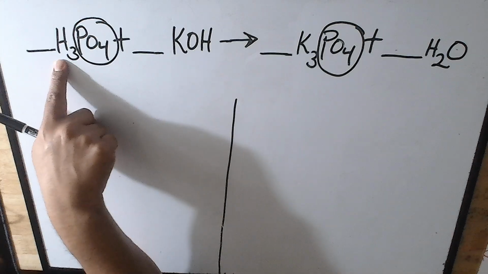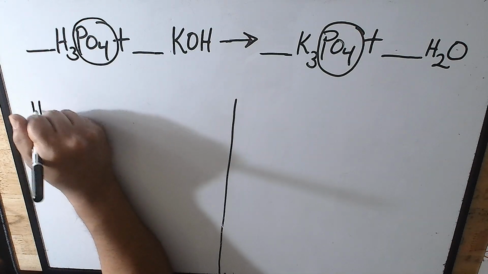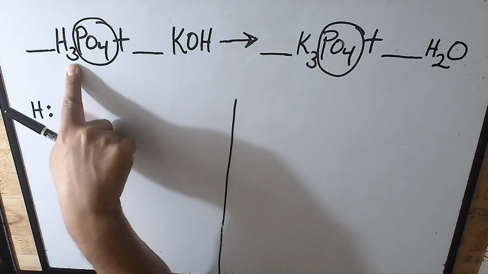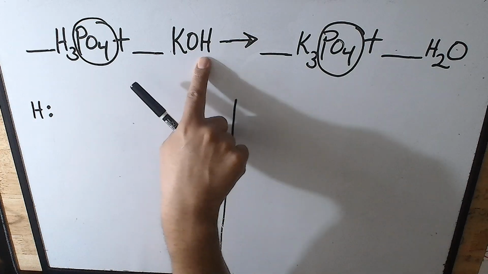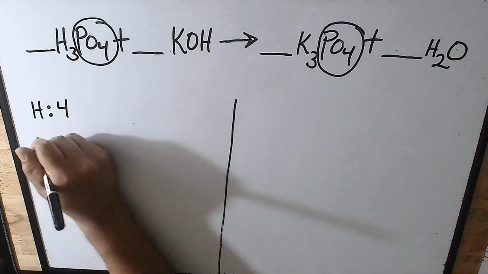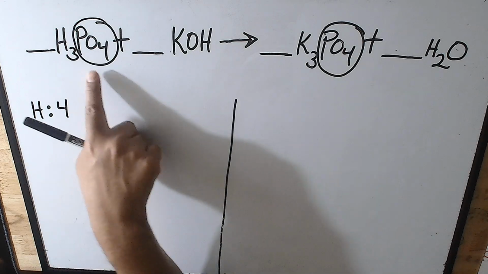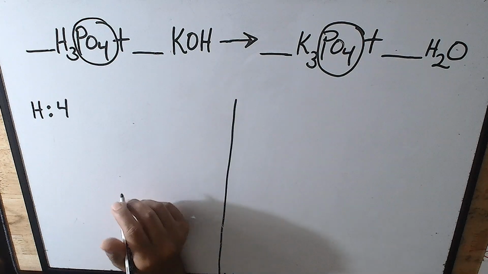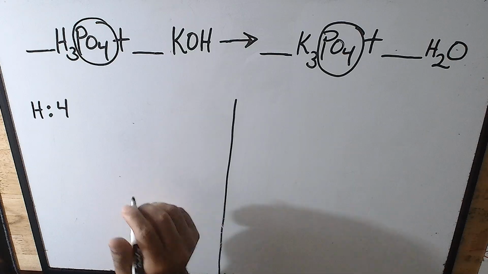So I know we have hydrogen. And then we have 3 plus 1 gives us 4. And then we only have one polyatomic ion.